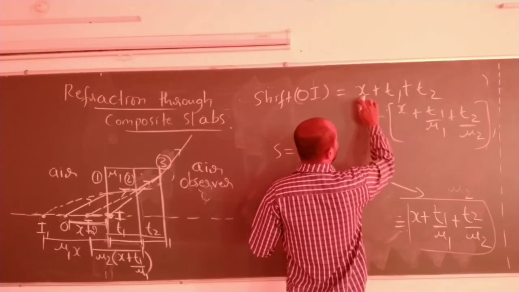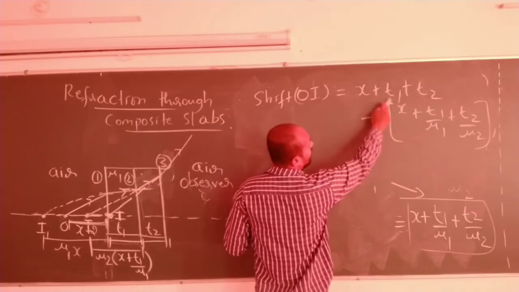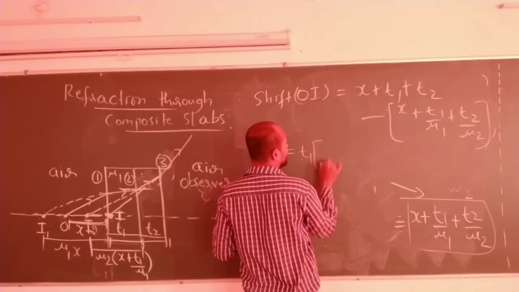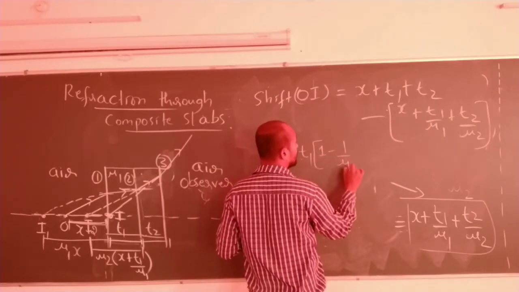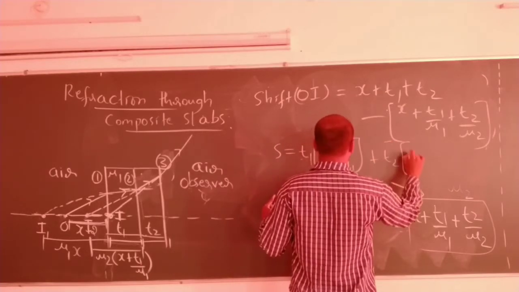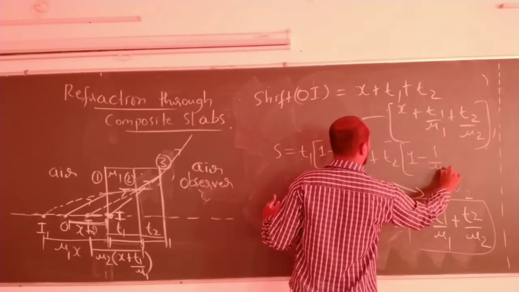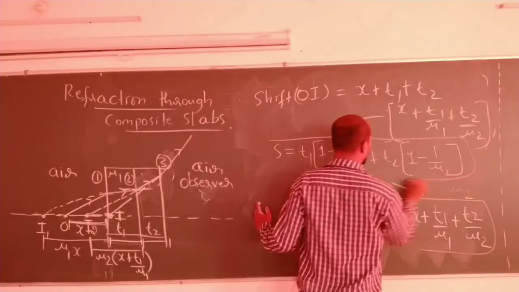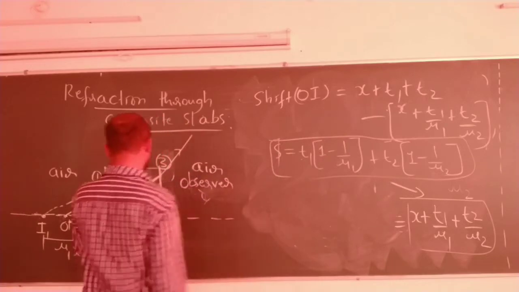If you take the subtraction, x will cancel. T1 minus T1 by mu1, so you will get T1 into 1 minus 1 by mu1 plus T2 into 1 minus 1 by mu2. So this will be the shift for these two.